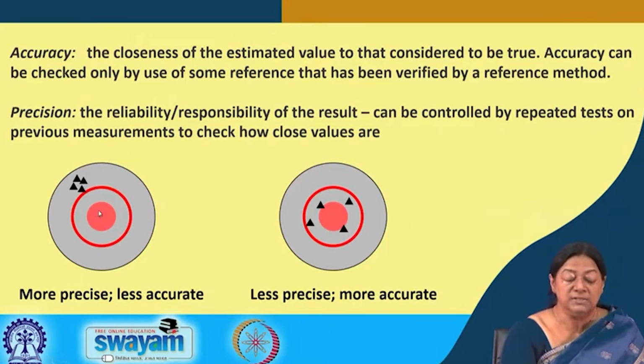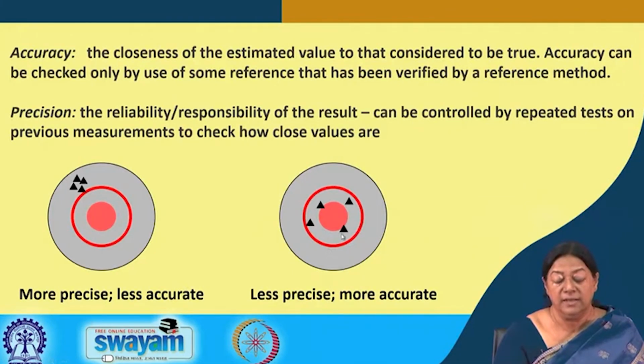So, we call this a more precise value, but a less accurate one. On the other hand, this set of measurements shows that we have less precise values, but they happen to be more accurate.